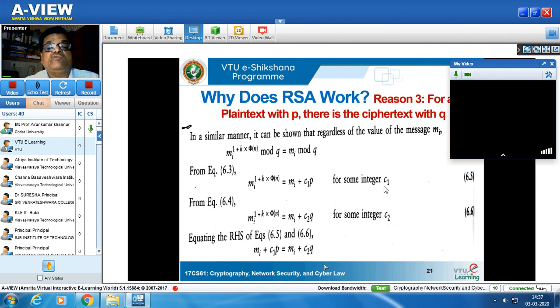Now we shall proceed to reason 3. For any plain text p, there is the ciphertext with q.